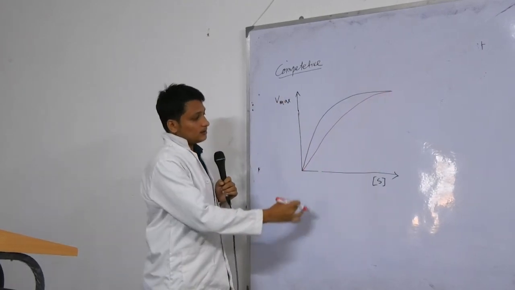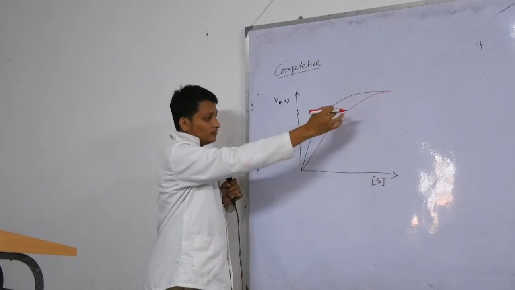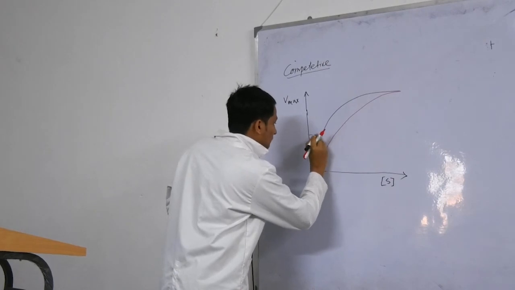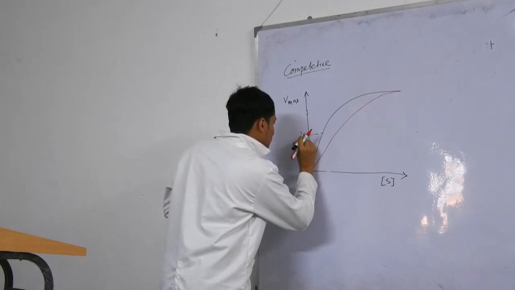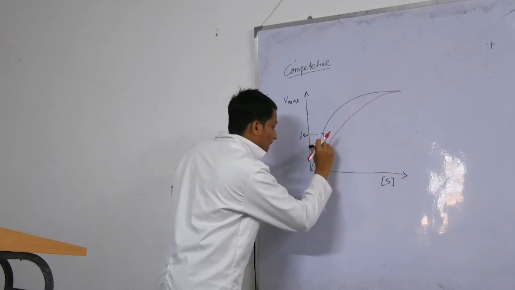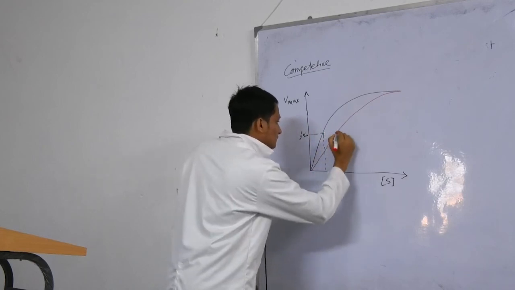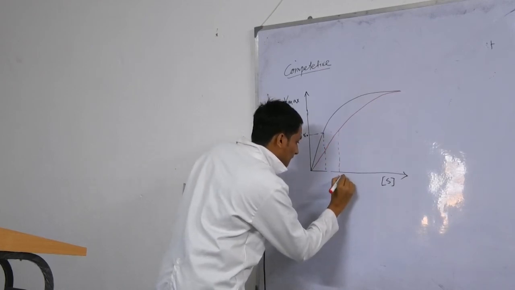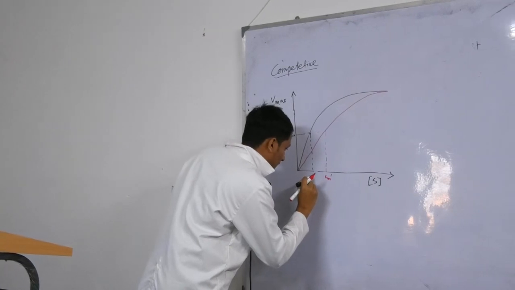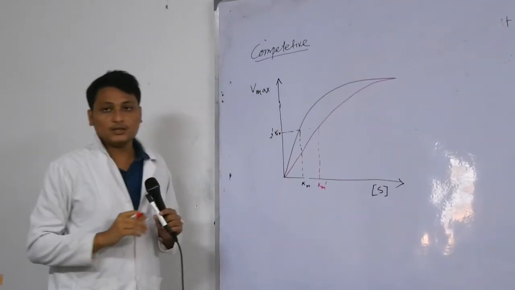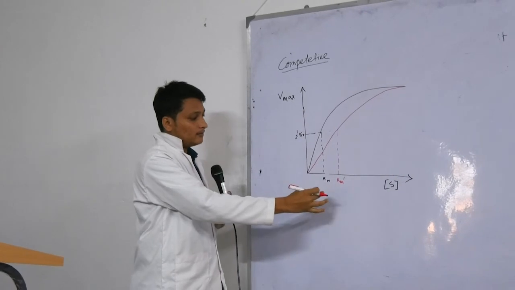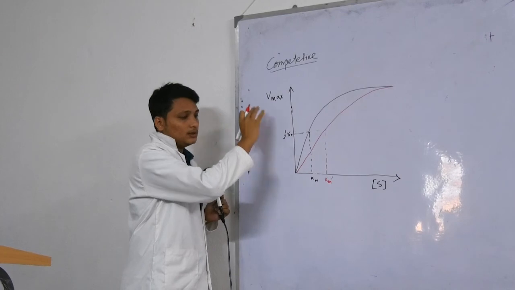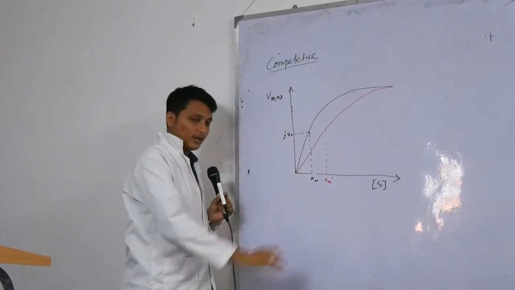Here we can see that more or less the Vmax is the same, but in the non-inhibited graph, this is half Vmax. Here we can see that the Vmax is the same, but the Km value is increased. So in competitive inhibition, the Vmax is the same and the Km value is increased.